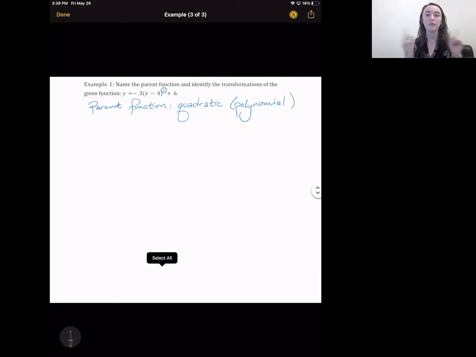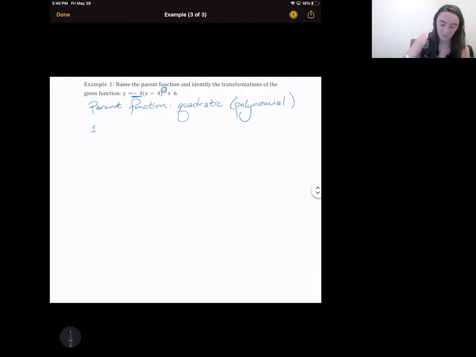Now let's identify all of the transformations that are happening. Let's analyze these coefficients and constants that are being added, subtracted, or multiplied. So first thing I notice is that I've got a -3, a coefficient of -3, and that is outside of the parentheses, right? The squared does not apply to this -3. It is outside. So if I have a coefficient outside of the parentheses, that's going to correspond to a vertical stretch.